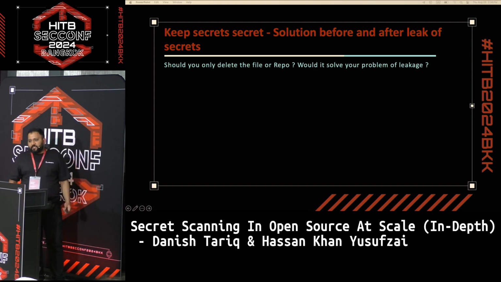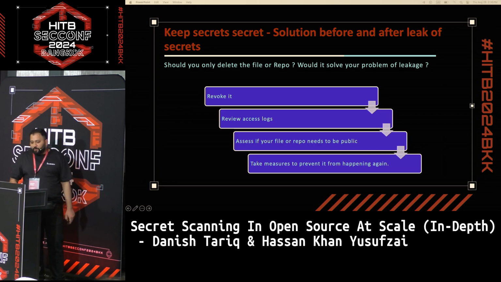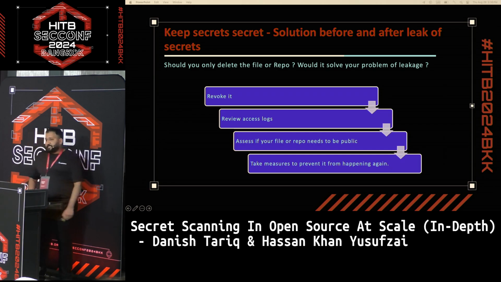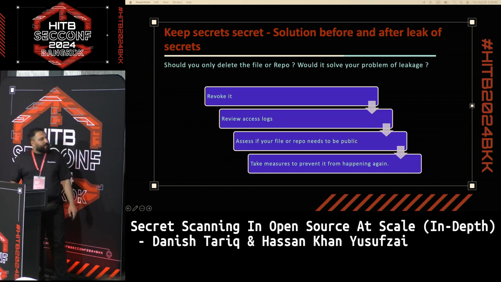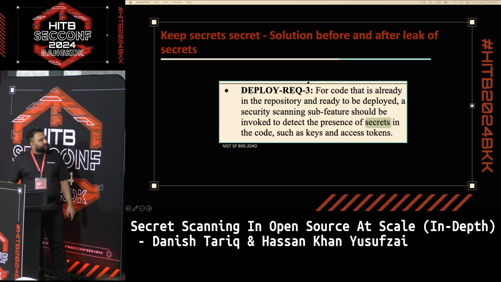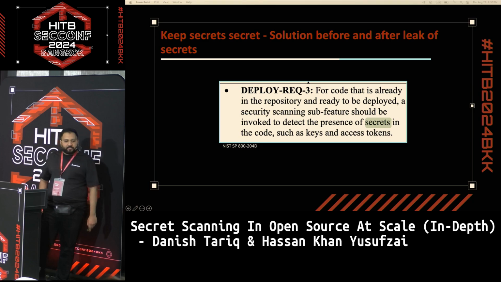Once the secret is out, it should be considered stolen and it should be revoked. You should review your access logs, whether it is AWS or whatnot, and then assess if that file or the repository is important to be public, and if not, you should consider removing it. This is a NIST guideline on secrets as well, for the compliance geeks, I would say.